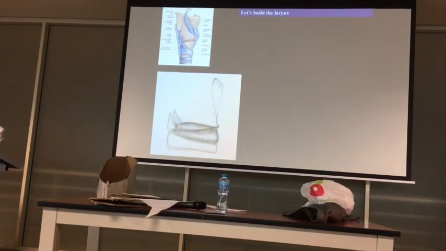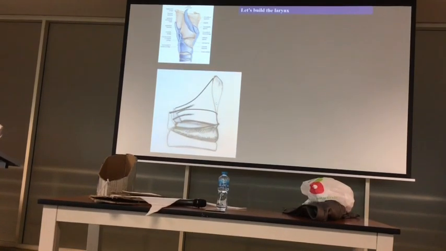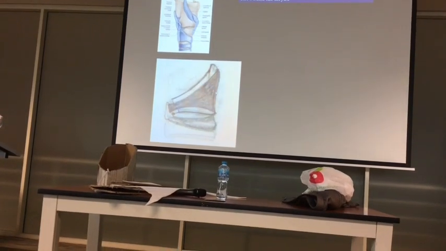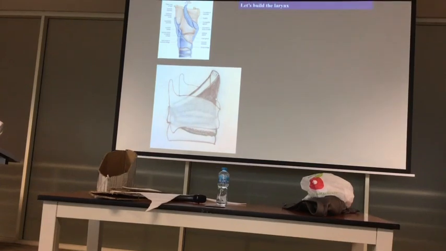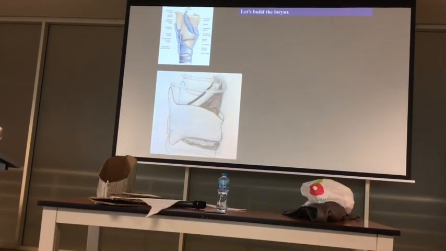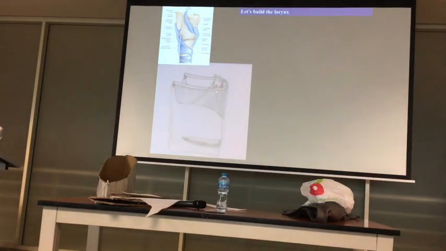Then I put the epiglottis. Then I add the quadrangular membrane. Then I will add the thyroid cartilage. Then I will add the hyoid. And this will be the membrane, the thyrohyoid membrane. This is how to build.